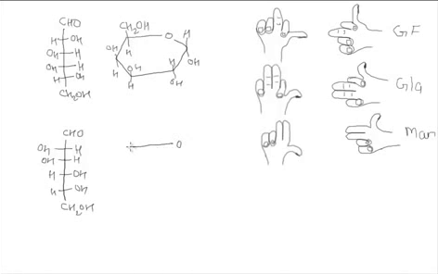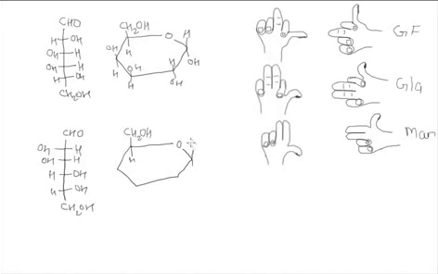So now let's draw the Haworth projection again. In this Haworth projection, the CH2OH is going to come from here. Is the CH2OH going to be on the top or bottom? If you guys thought it right, it's going to be on the top, because if it's a D compound, this one will always be on the top. And the OH over here, whether it goes up or down, depends on whether this is an alpha or beta compound. Now let's say it's a beta compound, is the OH going to go up or down?